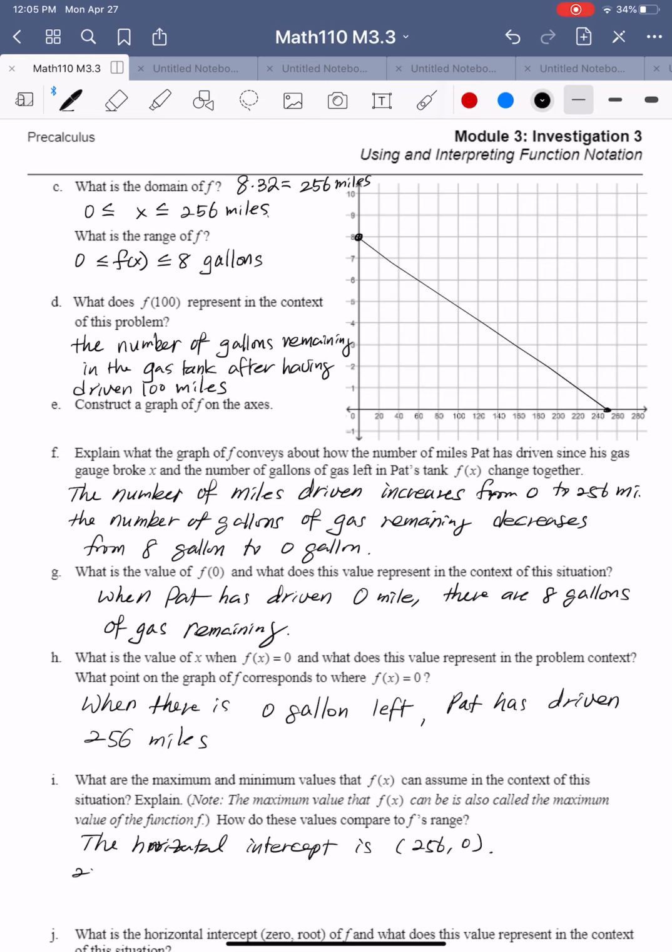That means 256 represents the maximum distance Pat can travel with 8 gallons of gas in the tank when the gas gauge is broken. All right, and that's all for 3.3. Thank you for listening.